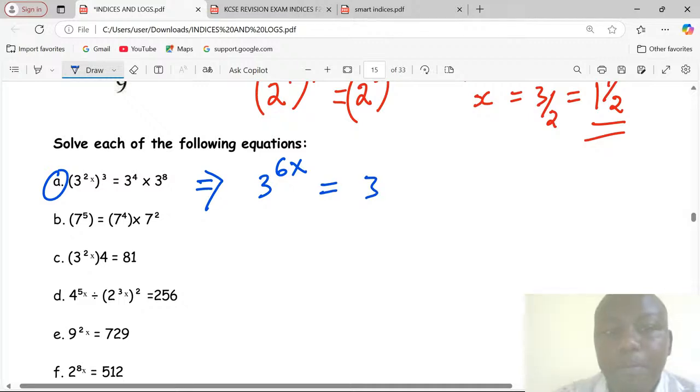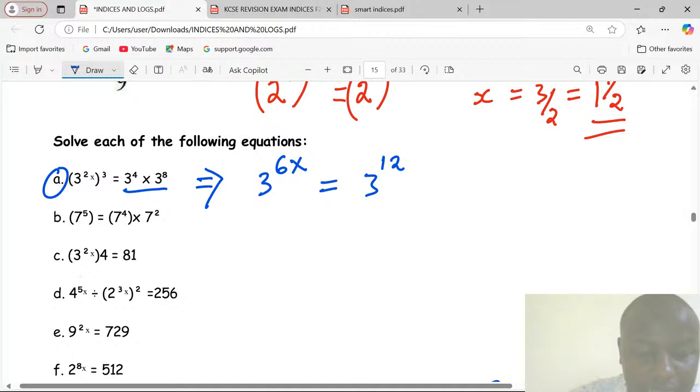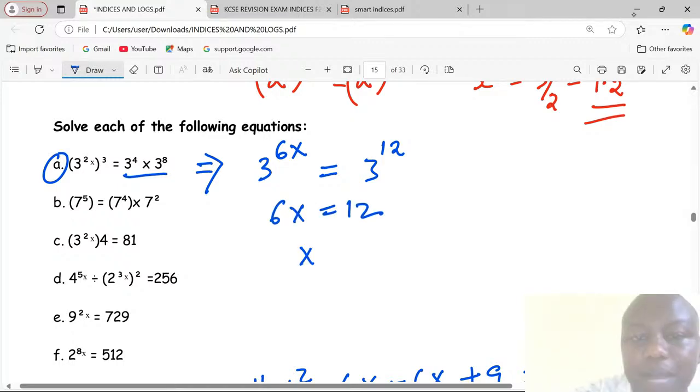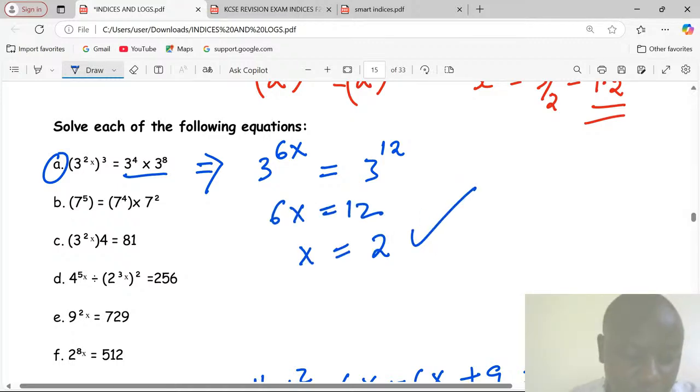Now the product law, the multiplication law, the first one that we covered, says when the bases are the same, we just add the powers. So 4 and 8 added will give us 12. And now that the bases are the same, you can equate both sides and talk of 6x is equivalent to 12, and the value of x becomes 2 when you divide through.